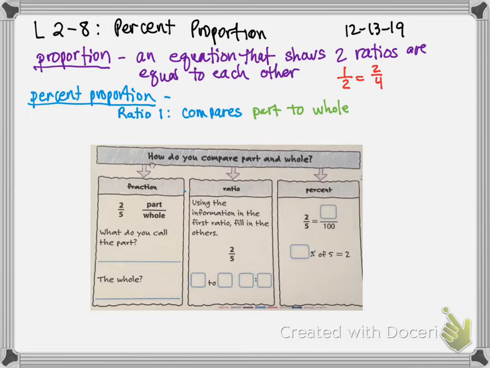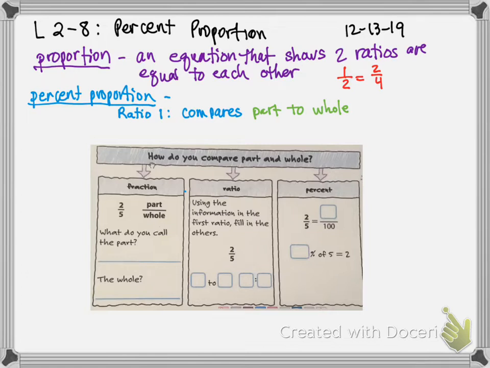I remember a question off of the test was a tree lot, and 3 out of every 10 trees were orange trees. So the part was the orange trees, 3, and 10 was the total trees on the lot. That was reduced to lowest terms, of course.